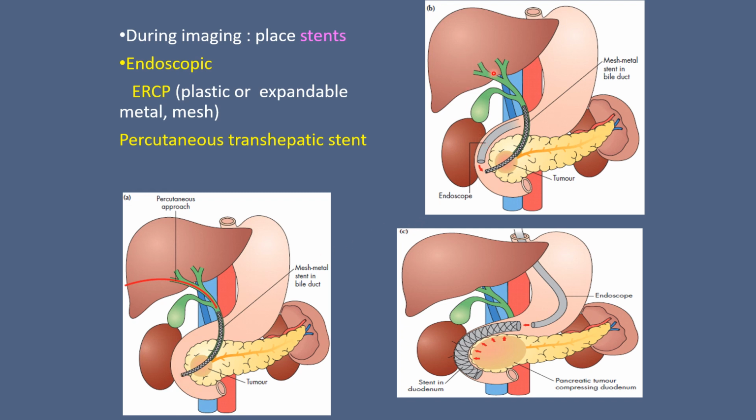This is done through an endoscope. Okay, the stent placed in the lower end of the common bile duct to relieve the obstruction of the bile duct. As a result, the jaundice comes down, patient feels better.